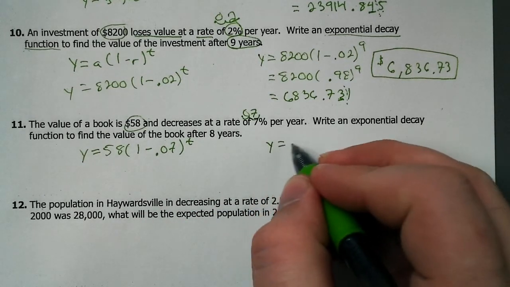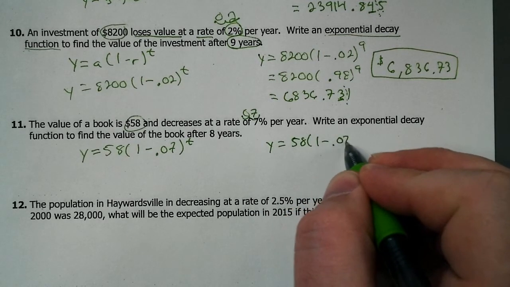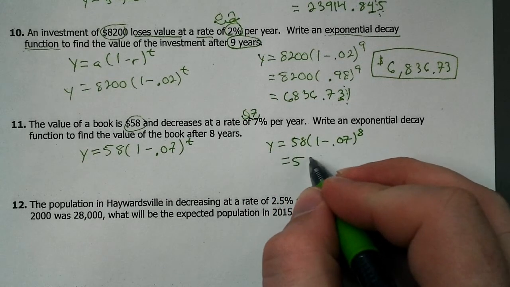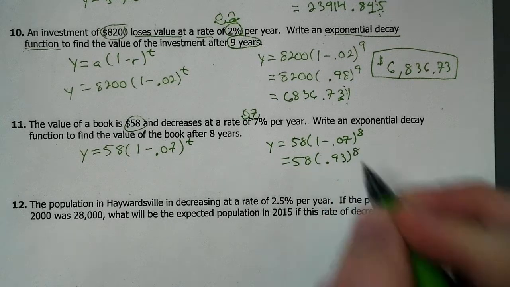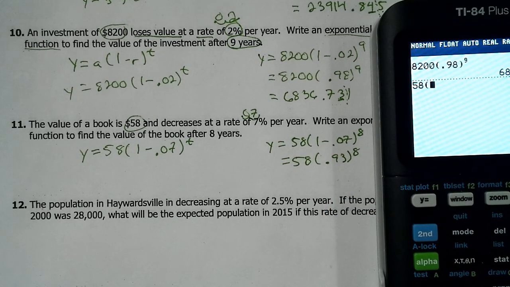So y equals 58 times 1 minus 0.07 to the 8th. Simplify that first, which comes out to 0.93, and then multiply it out. So 58 times 0.93 raised to the 8th.